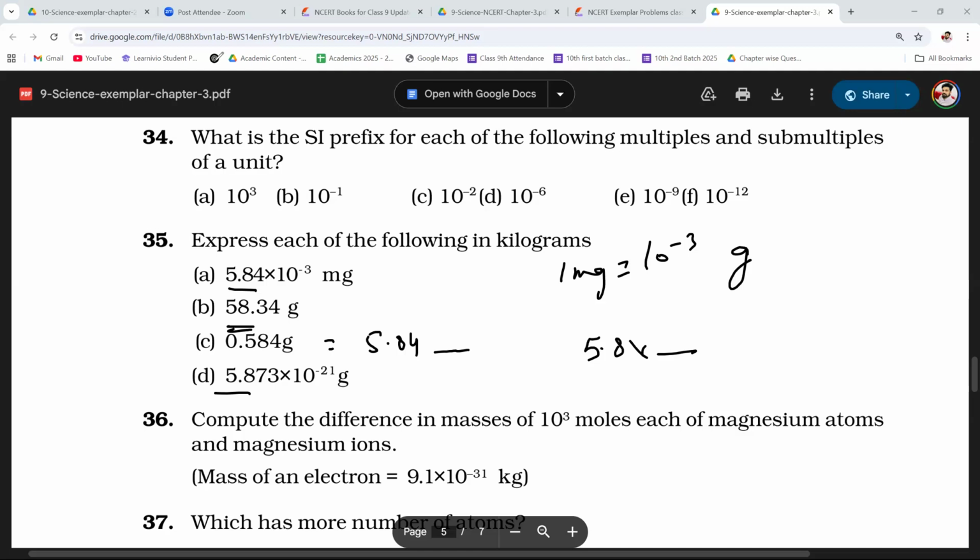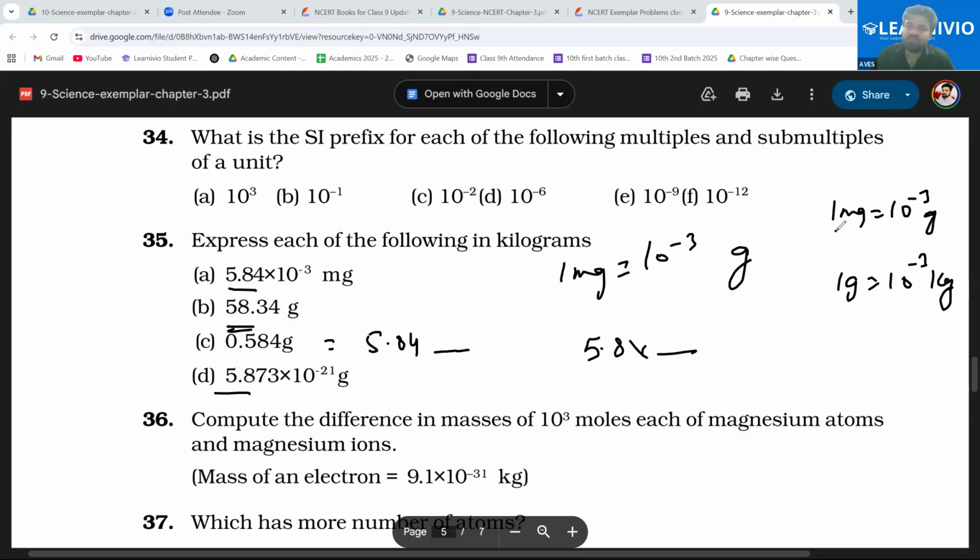Done, everyone? Yes, sir. That's very simple. So what you are going to write is that 1 milligram is equal to 10 to the power minus 3 grams. And 1 gram is equal to 10 to the power minus 3 kg.